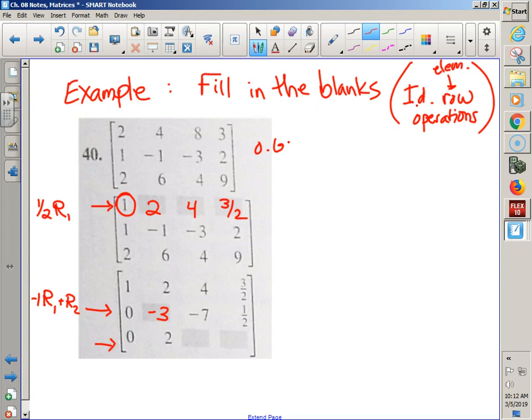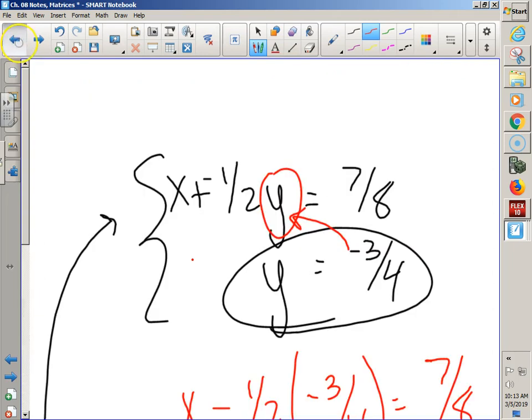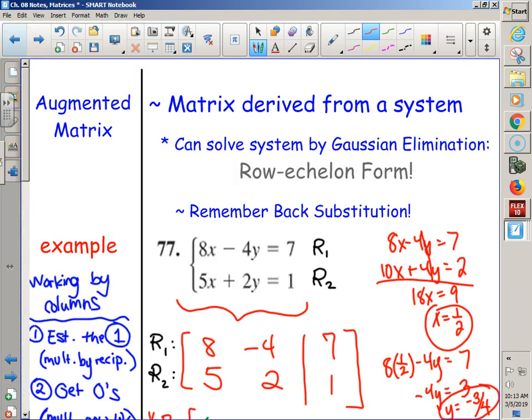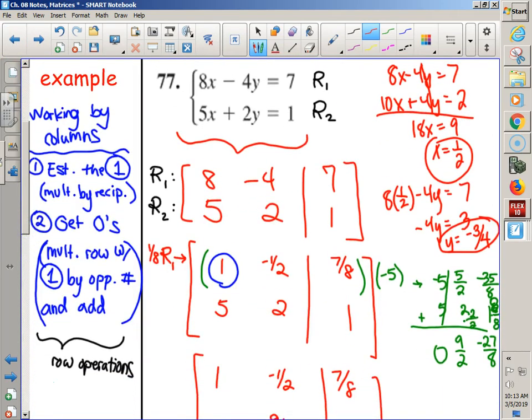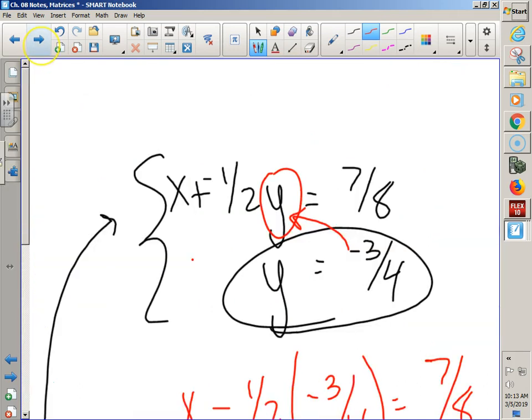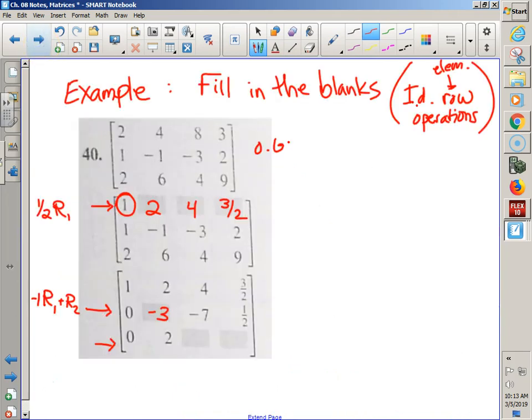That's to get a 1. We're getting a 0. To get 1s, we multiply by the reciprocal, or we divide. To get zeros, remember, we want to add the opposite. And so we take wherever our established 1 is, whatever row that is, multiply it by the opposite coefficient, and then add. So how would that translate to this example?